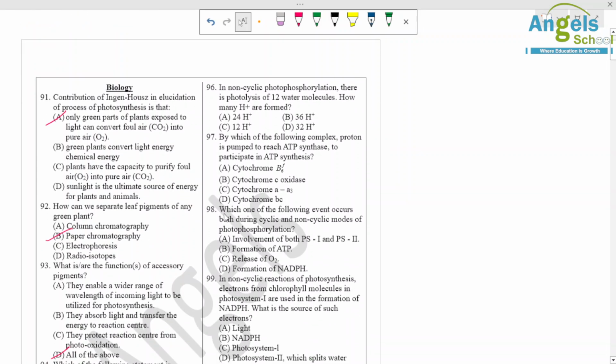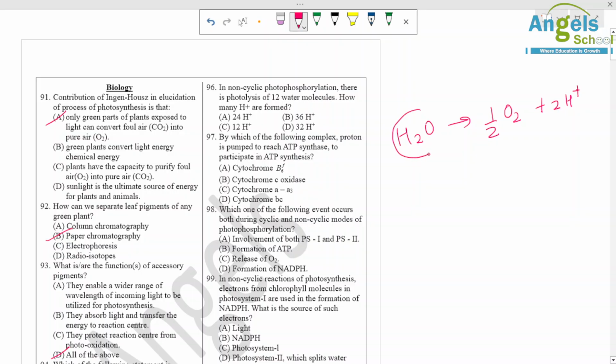Question number 96. In non-cyclic photophosphorylation, there is photolysis of 12 water molecules. How many H plus are formed? Okay, so if you see the reaction, H2O converts into half O2 plus 2H plus.